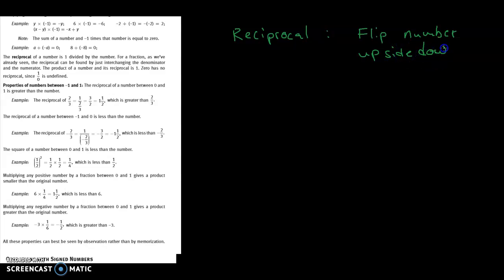Upside down. So, for example, reciprocals could occur two different ways. We could either have a whole number, like 3, 6, 9, 27, -5, whatever, or it could be a fraction, 1/5, 3/4, 2/9, whatever.